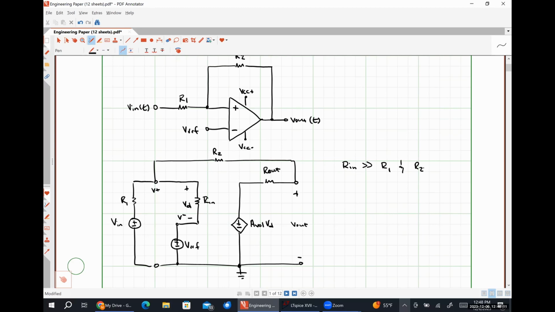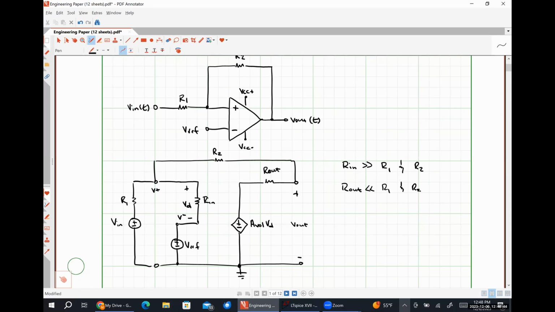We'll see what impacts that has in a moment. I'm also going to assume, and this one actually won't really matter particularly, that my output resistance Rout is much, much less than R1 and R2, which shouldn't have any impact on the behavior of this particular circuit. But if we had a load resistance here, we would need to make sure that Rload was significantly greater than Rout, or it would mess with that voltage divider.